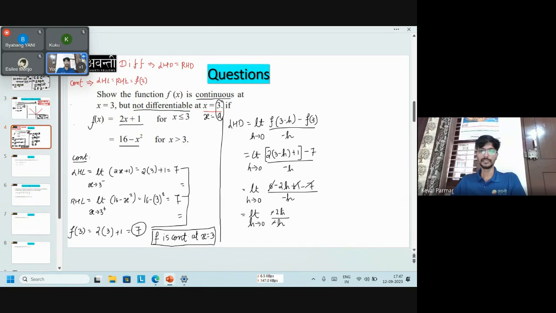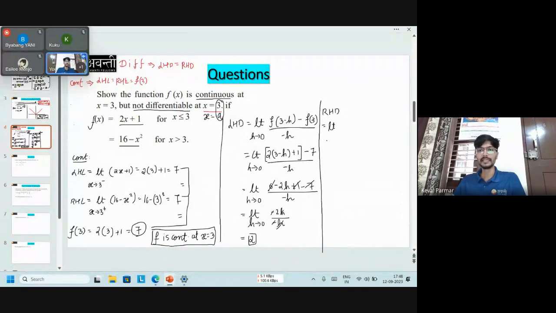So minus h got cancelled and we got the answer as 2. Okay. That means LHD is equal to 2. Let us calculate RHD. So what is RHD?